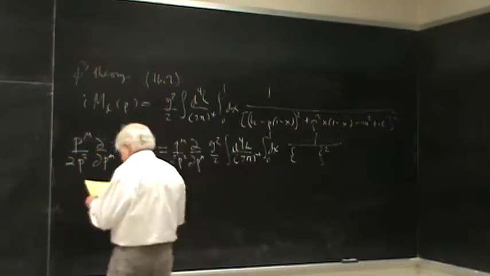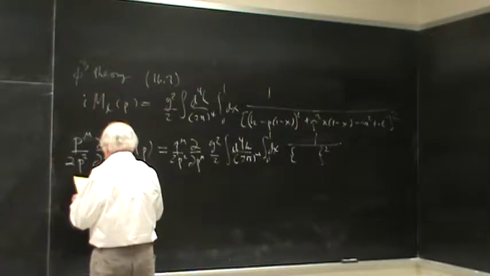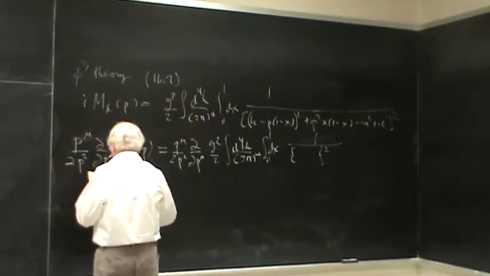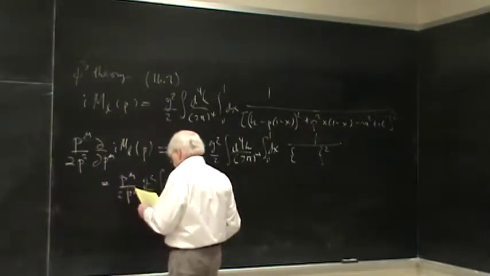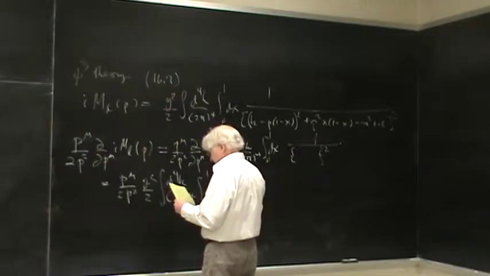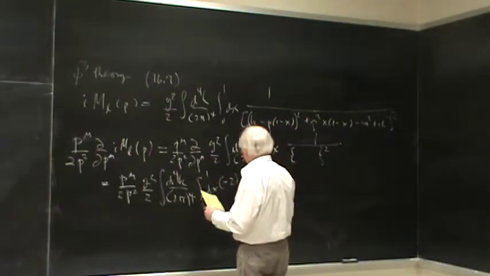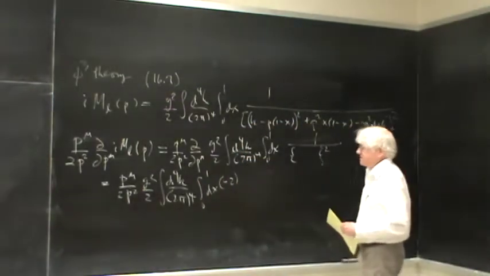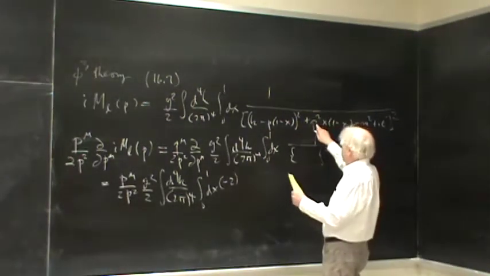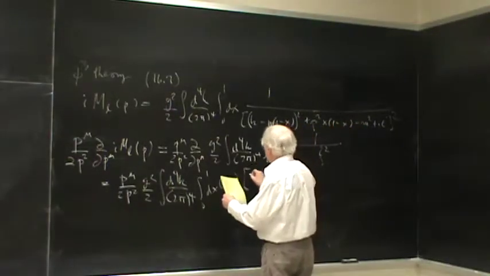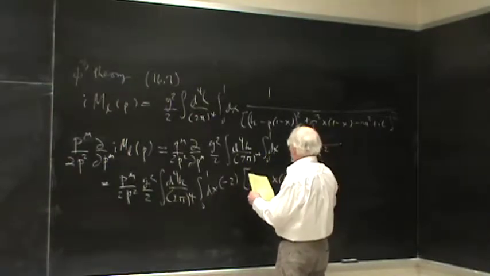So what we get is p mu over 2p squared, g squared over 2, integral d4k over 2 pi to the 4, integral 0 to 1 dx. And now, differentiating this, we get minus 2. And now the derivative with respect to p upper mu of this thing, and this part is the one that's easier to do. That's 2 lowercase p mu times x(1 minus x).